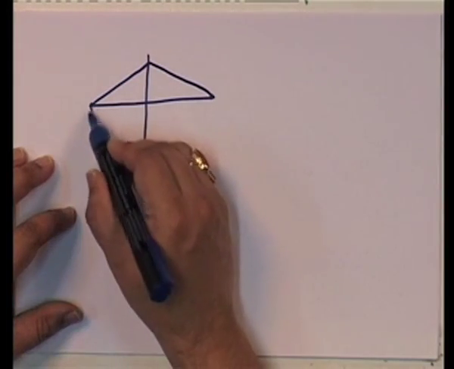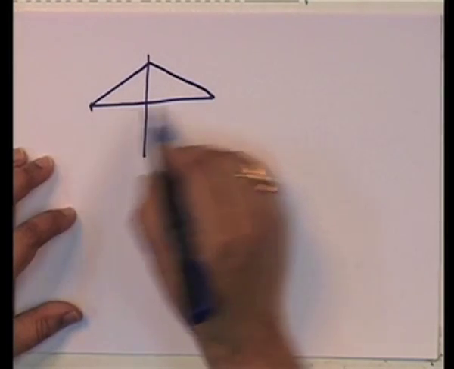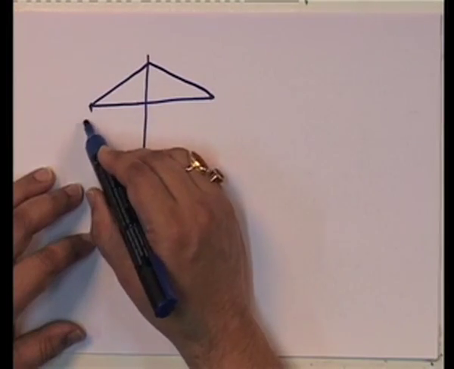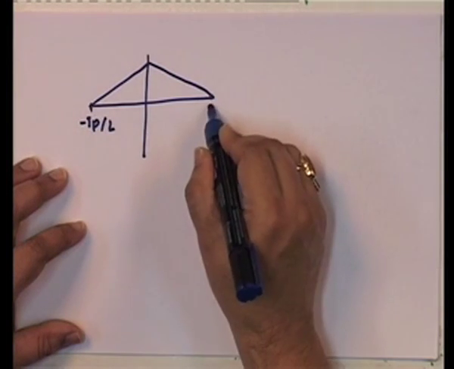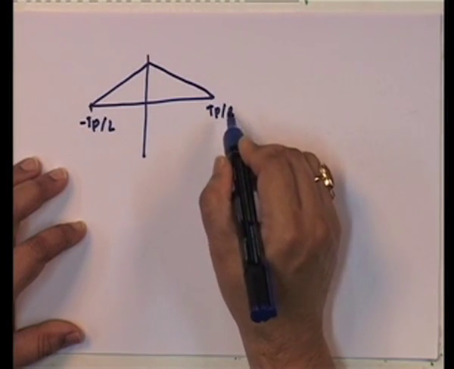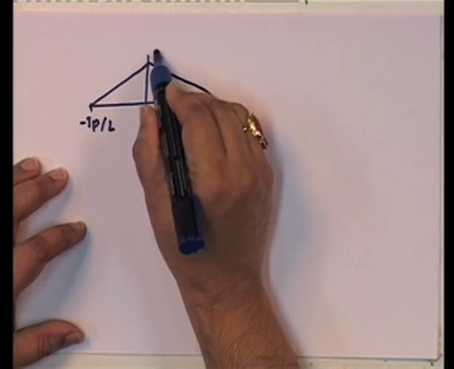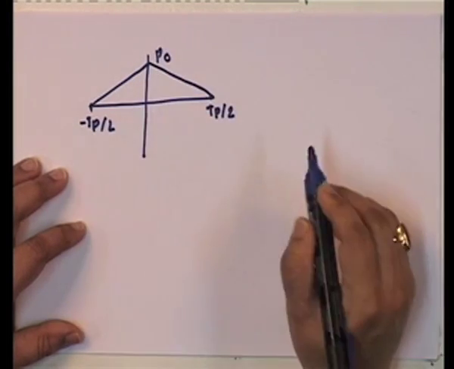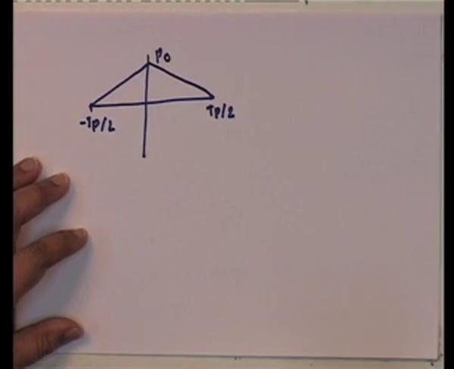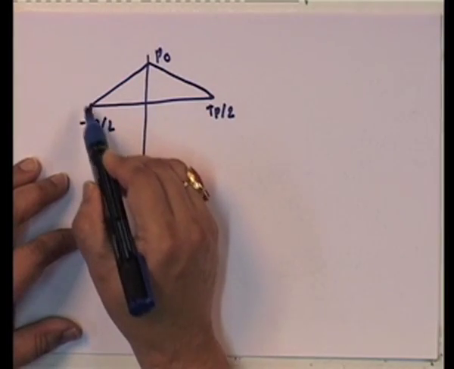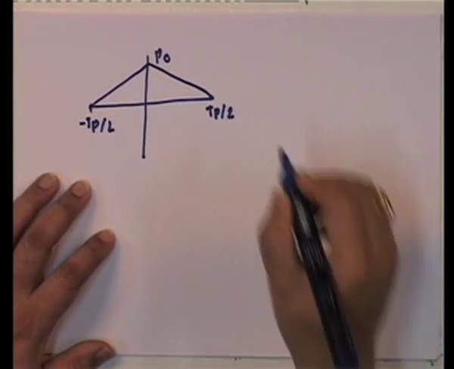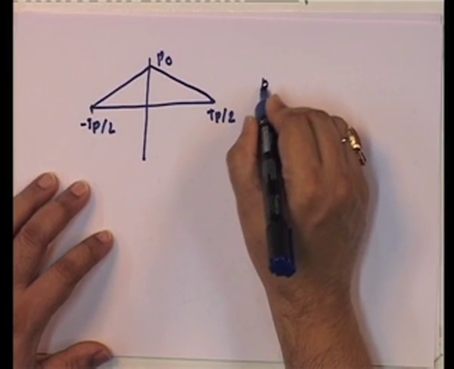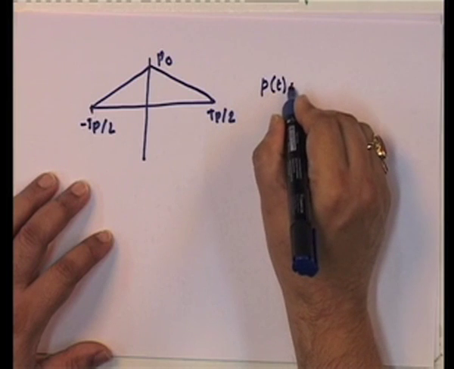So, whether I start at 0 or whether I start at minus T p by 2, it does not matter. In this particular case, let me just define it in this fashion. And this is P 0. So, this is a periodic load, mind you, it keeps going on and on. So, in other words, P of t is defined in this form.